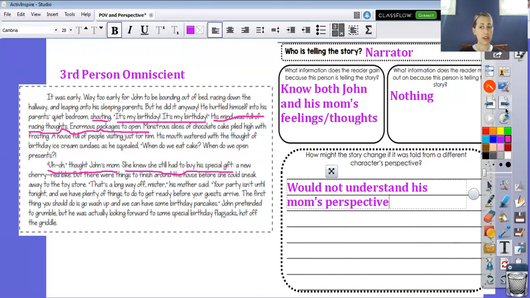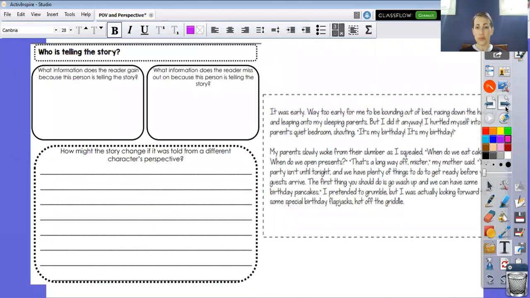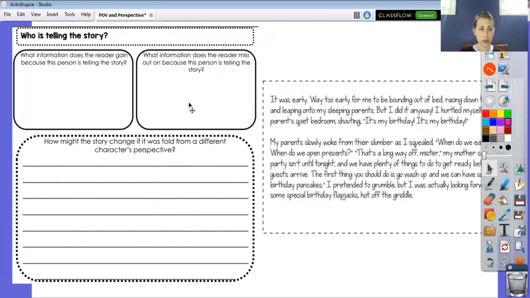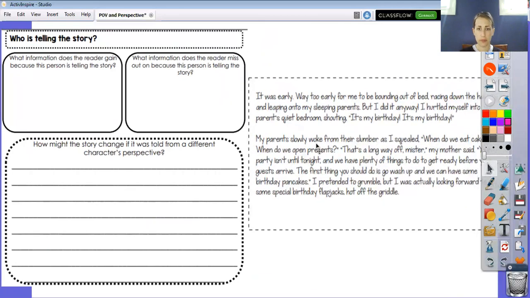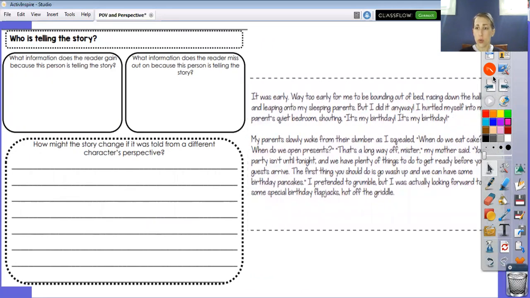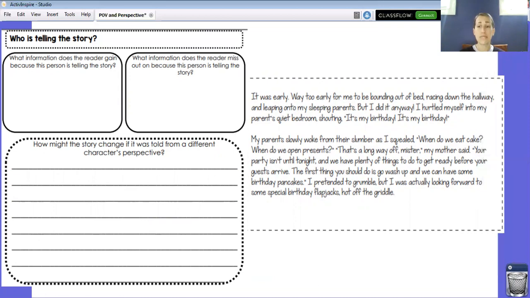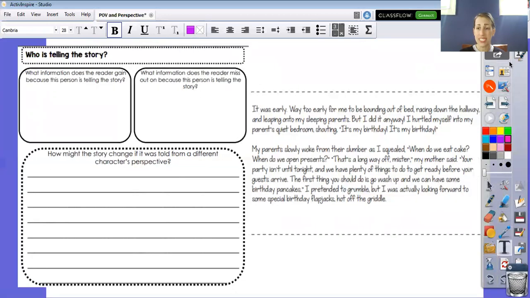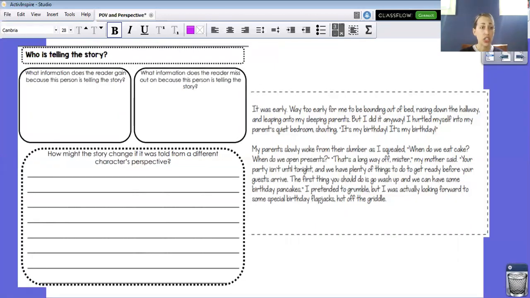And the last example I have for perspective is first person. So if we look at this, and let me scoot this story over so you guys can see the whole thing, since this is our first person story, we know that the person telling the story is John. So John tells the entire story.